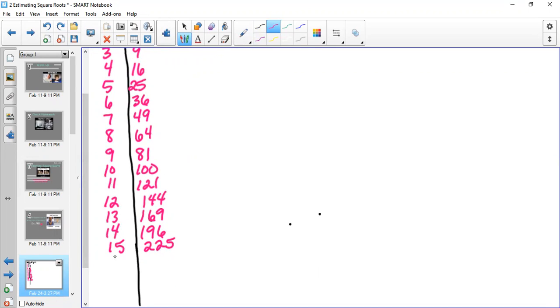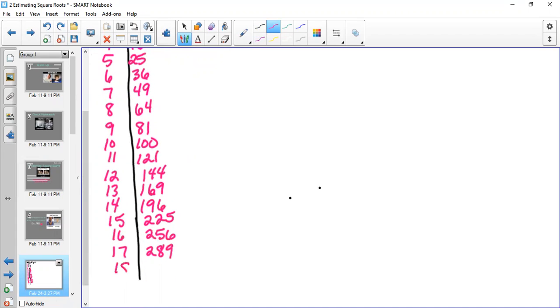And we're going to go to 16. This is where it gets a little bit tougher for a lot of people: 256. 17 is 289. 18 is 324. 19 is 361, and 20 is 400.